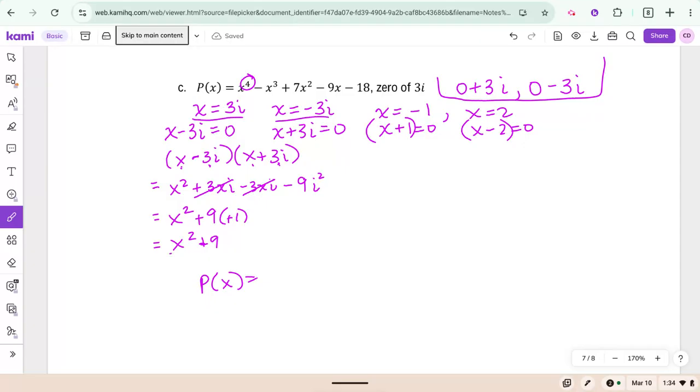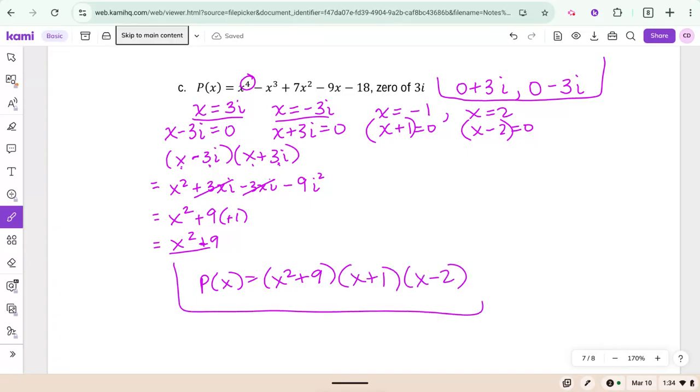When you have this, it simplifies to x squared plus 9. My other factors are x plus 1 and x minus 2. So for complex conjugates, you will multiply those together, and what happens is the i's go away when you do that. So you won't find that in your final answer. Okay, this is the lesson that never ends.